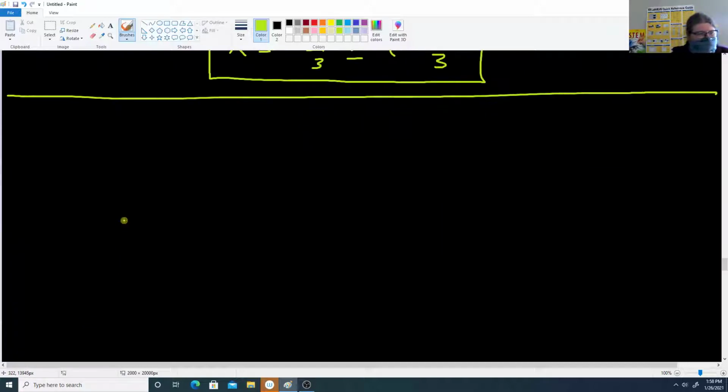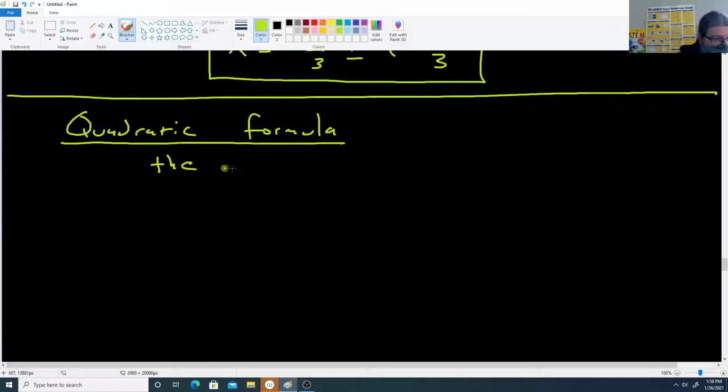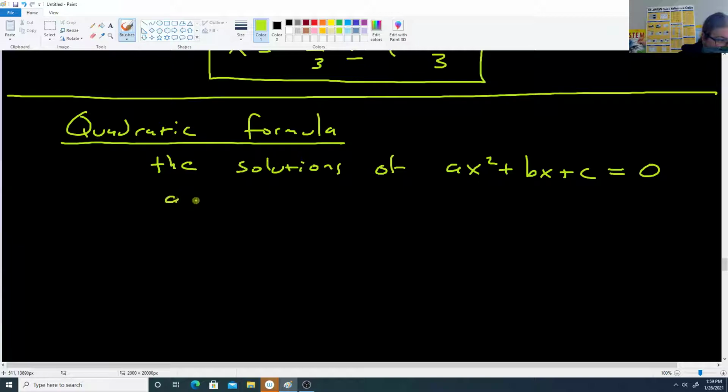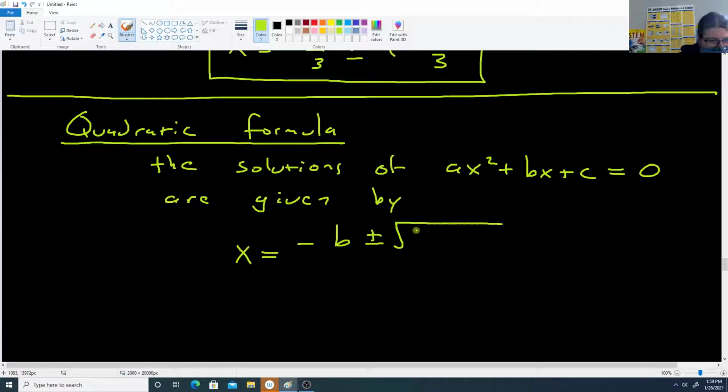So next we're going to look at the quadratic formula. The quadratic formula says the solutions of ax squared plus bx plus c equals 0 are given by x equals negative b plus or minus the square root of b squared minus 4ac, all over 2a.